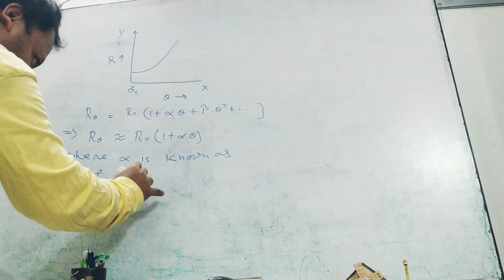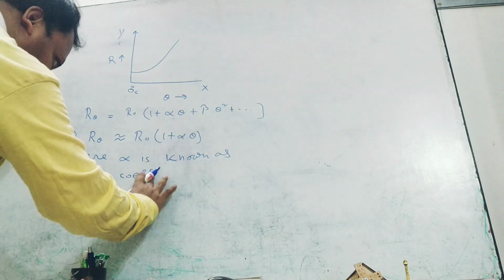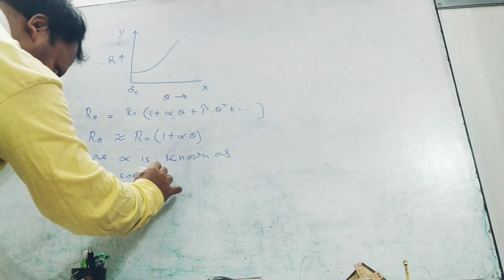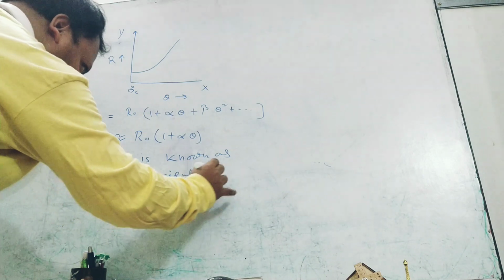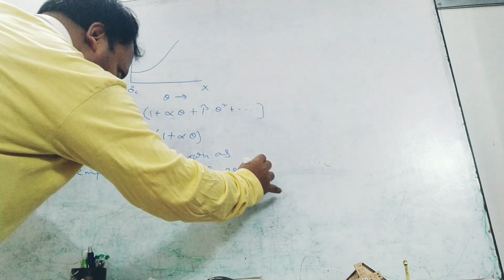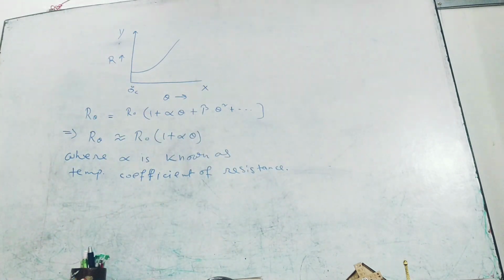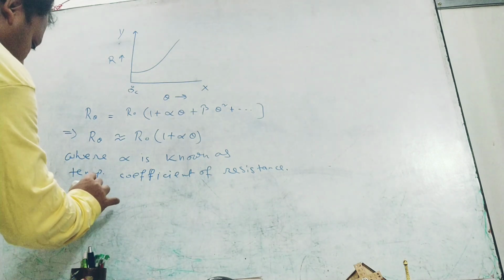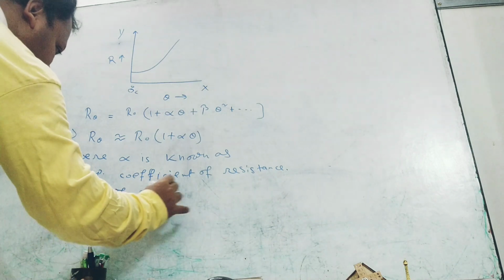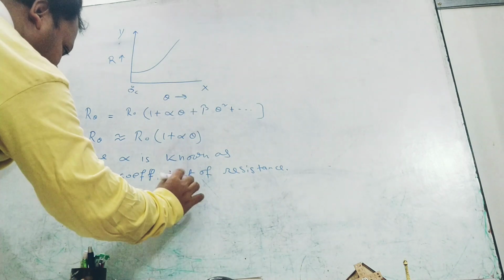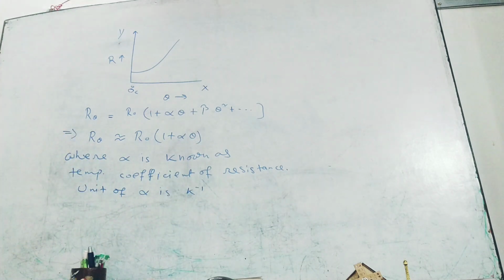The unit of alpha is per Kelvin, or per degree Celsius, or per degree Fahrenheit.